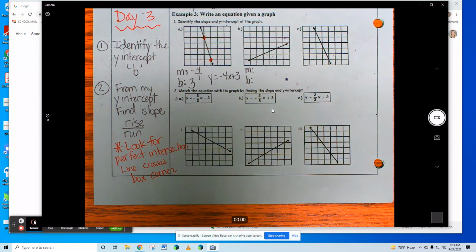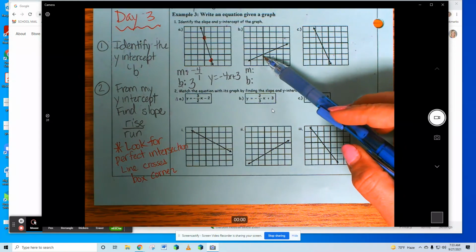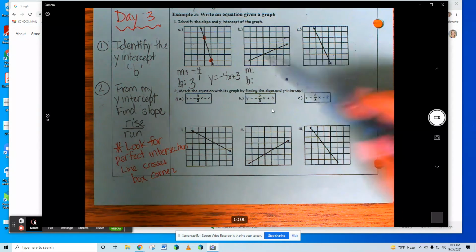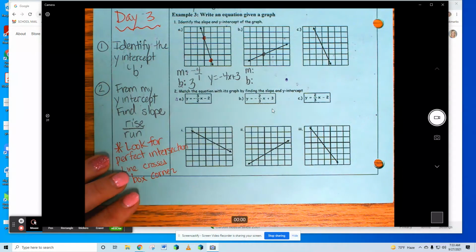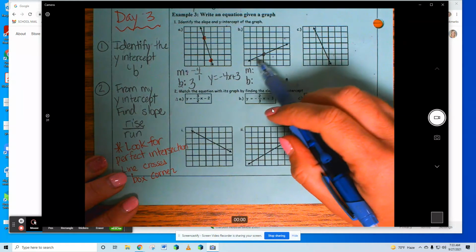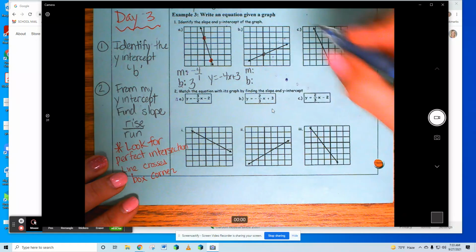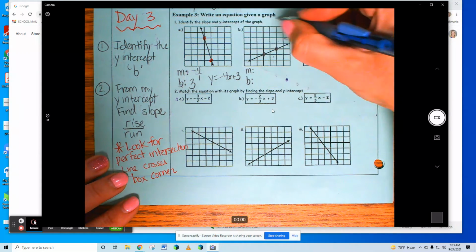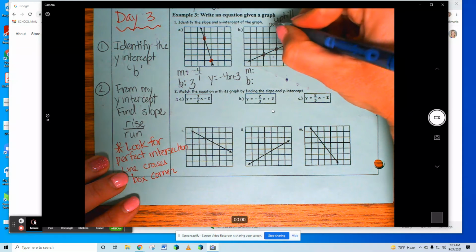I'll ask the question again. Where's my y-intercept on 1b? -1. You guys know that? -1. Okay. Now I need to find another point where it's a perfect intersection. No, not there. Here's one. That's a cross, that's perfect. And since this is uphill, it's going to be a positive slope.